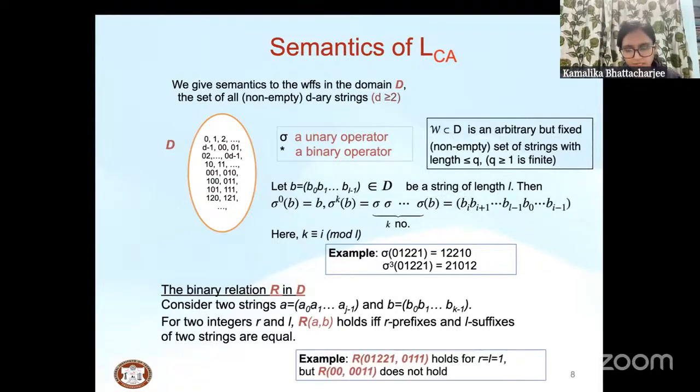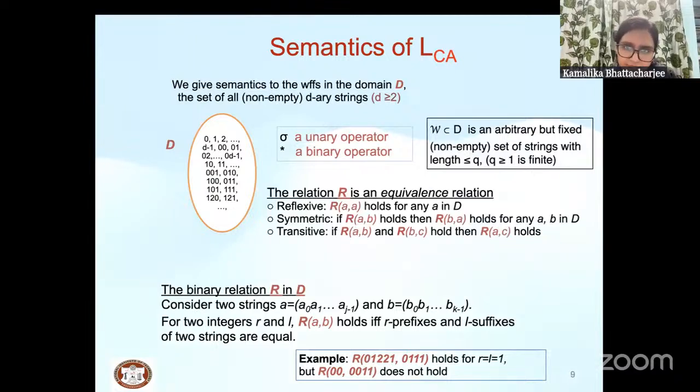If we have two strings like 0, 1, 2, 1 and 0, 1, 1, 1, and we take R and L equal to 1, we can see that for the first string, R equals 1 means the string is 0 and 1. And in the next case also, the same thing, 0 and 1 we are getting. So they are related. However, R of 0, 0 and 0, 0, 1, 1 doesn't hold.